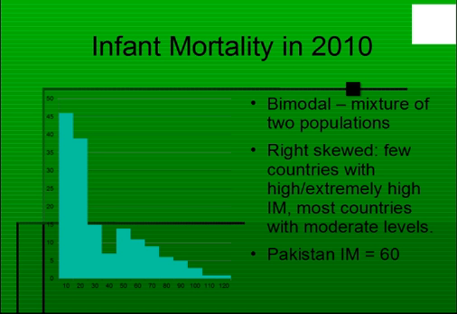To get more practice with histograms, we look at the histogram for the infant mortality in 2010. This is a group of 159 countries on which the data is available.